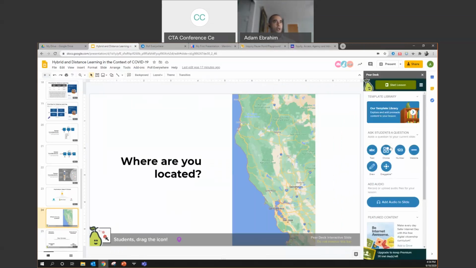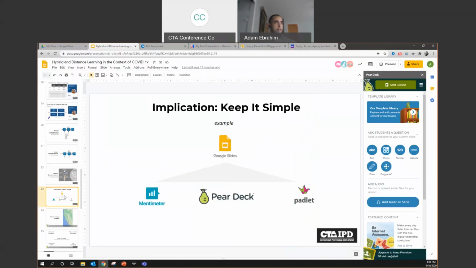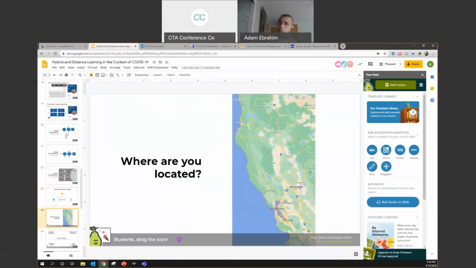I'll show you some of the options, but essentially your workflow is like this. I'm talking about something, I'm introducing things, and at this point I want to see what they're doing about this. So you want to insert something interactive. Then it's time to open up your Pear Deck sidebar and enter maybe a text response, choice, number, website, draw, and I'll show you more of those.